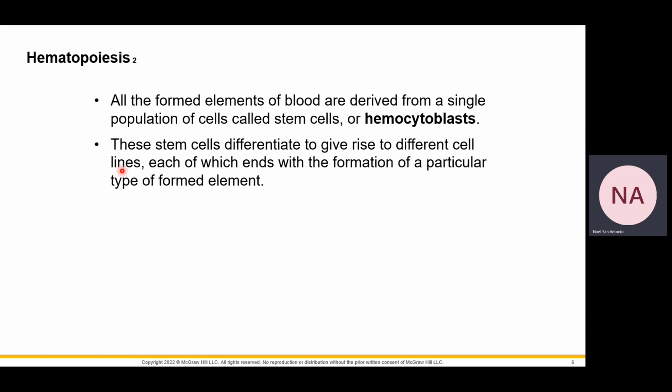Kasi nga, di ba? We have different types of formed elements in the blood. You have your red blood cells, white blood cells, platelets, lahat dito galing sa stem cells yan or the hemocytoblasts. They just undergo differentiation again to give rise to the different cell lines, each of which ends with the formation of a particular type of formed element.